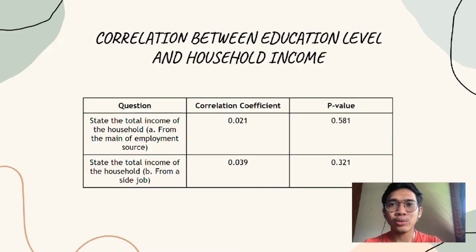For question 2, p-value 0.321 shows there is no significant difference between head of household education level and head of household income from a side job. Correlation coefficient value 0.039 shows there is weak positive interaction between head of household education level and head of household income from a side job.